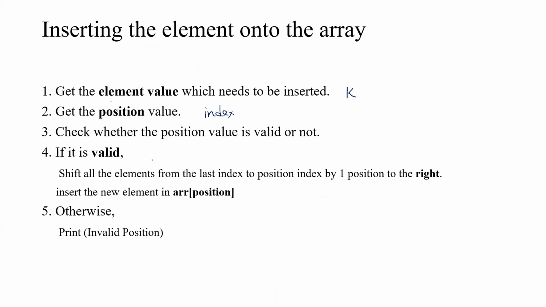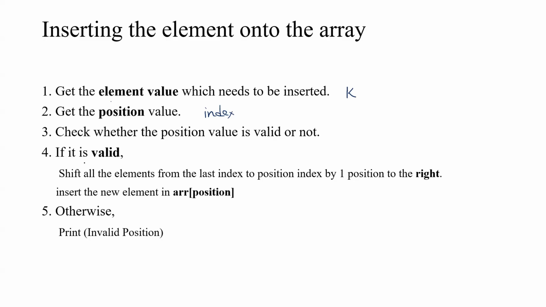Then when you input the index value, we have to check whether the position value is valid or not. Maybe sometimes the index value you insert is out of bound, maybe -3, -5, or maybe it's greater than the size of the array. In that case, we can say that the position value is not valid.